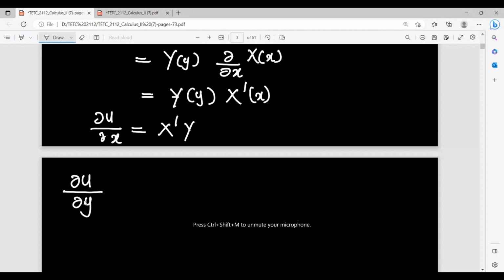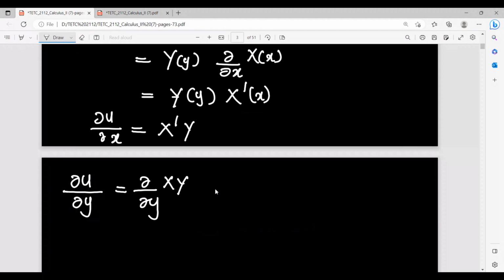Okay, what is the answer? So here we are going to consider ∂/∂y of capital X and capital Y. Since here capital X is a function of x and we are obtaining the partial derivative with respect to y, we are assuming x as a constant. Since variable x is a constant, the function of variable x is also a constant.